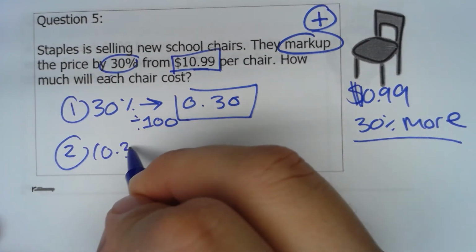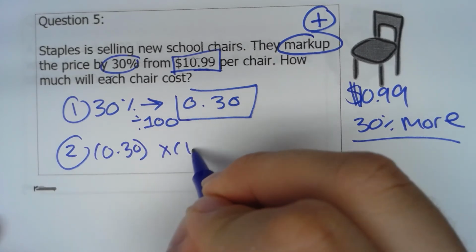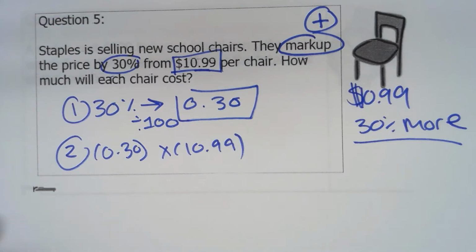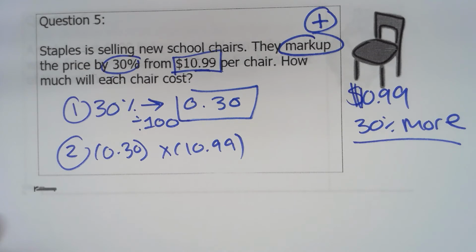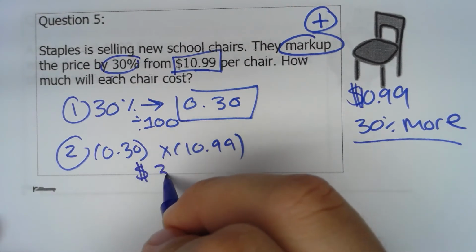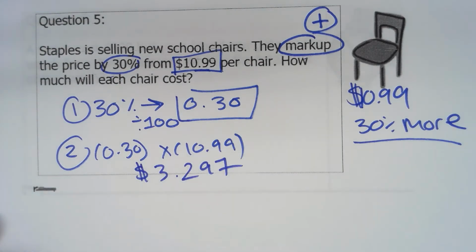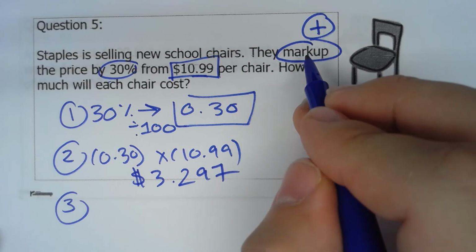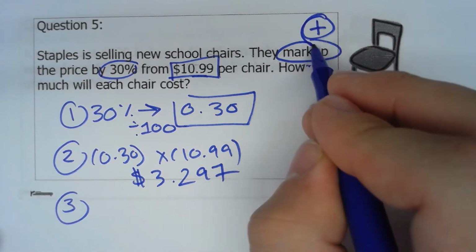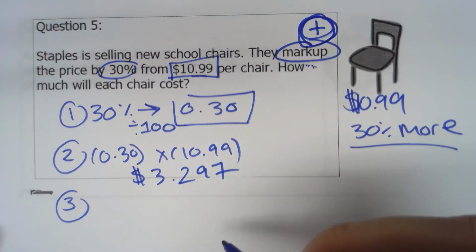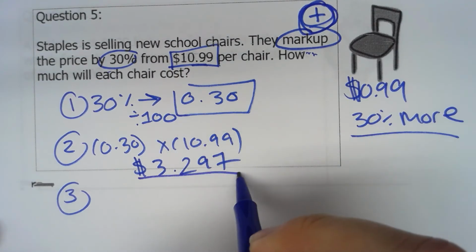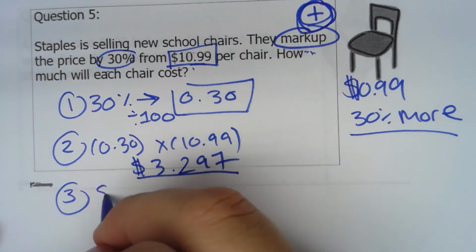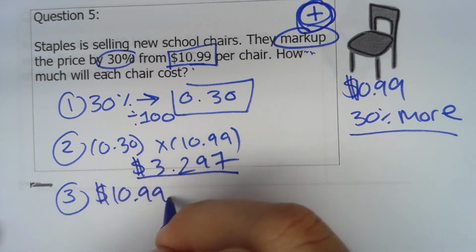So 0.3 times $10.99 is $3.297. Okay. Step 3, because I'm doing markup, I have to add. Okay. So I add this number to the original price of $10.99.